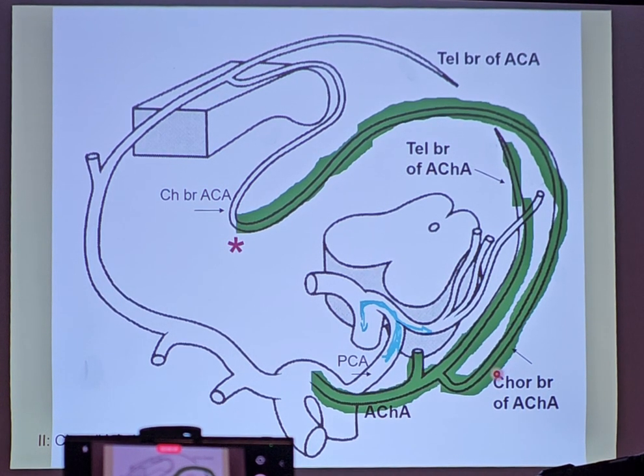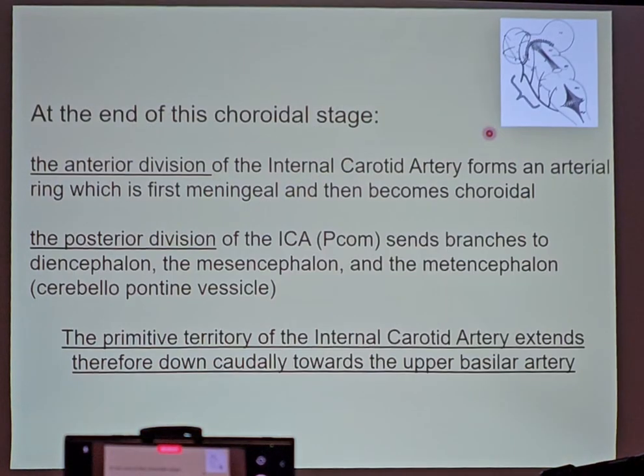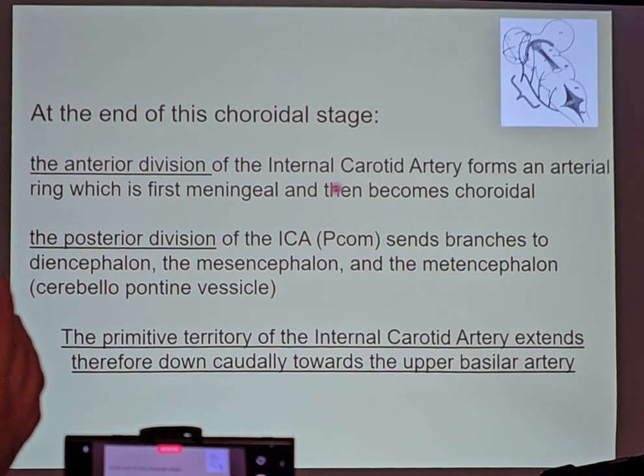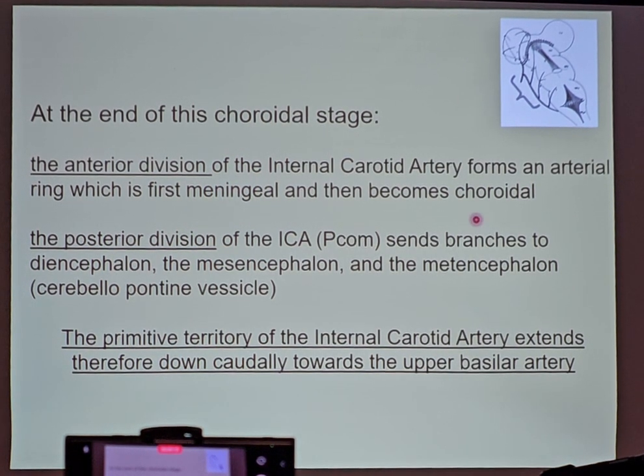Even though the main system is designated to create the choroidal vascular tree, there is some early evidence of small branches, both from the anterocerebral artery and from the anterochoroidal artery, going to the developing brain. So at the end of this choroidal stage, the anterior division of the internal carotid artery forms an arterial ring, which is first meningeal and then becomes choroidal.